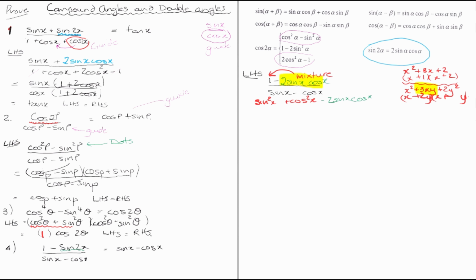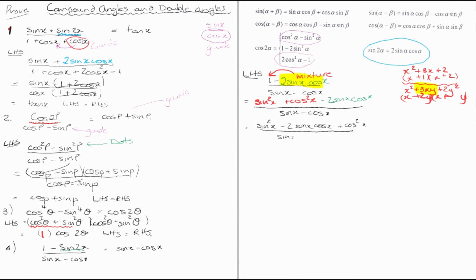So we're going to rearrange it and put it in the middle. This is very common, so please don't ignore this question. Sine x minus cos x. Right, that's going to give us the sine squared in the front, the minus 2 sine cos in the middle, and then the plus cos squared at the end, and we have made ourselves a lovely trinomial.